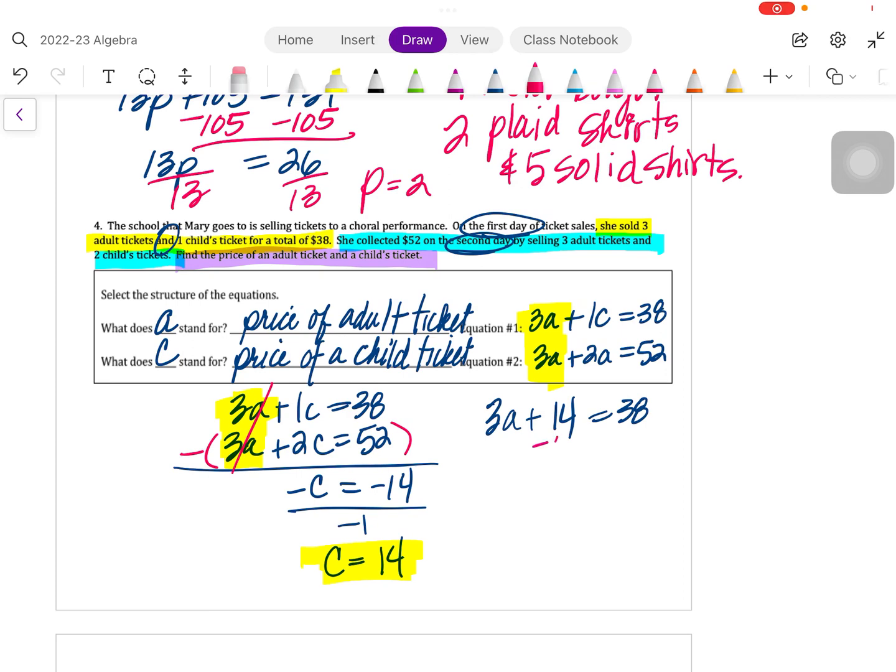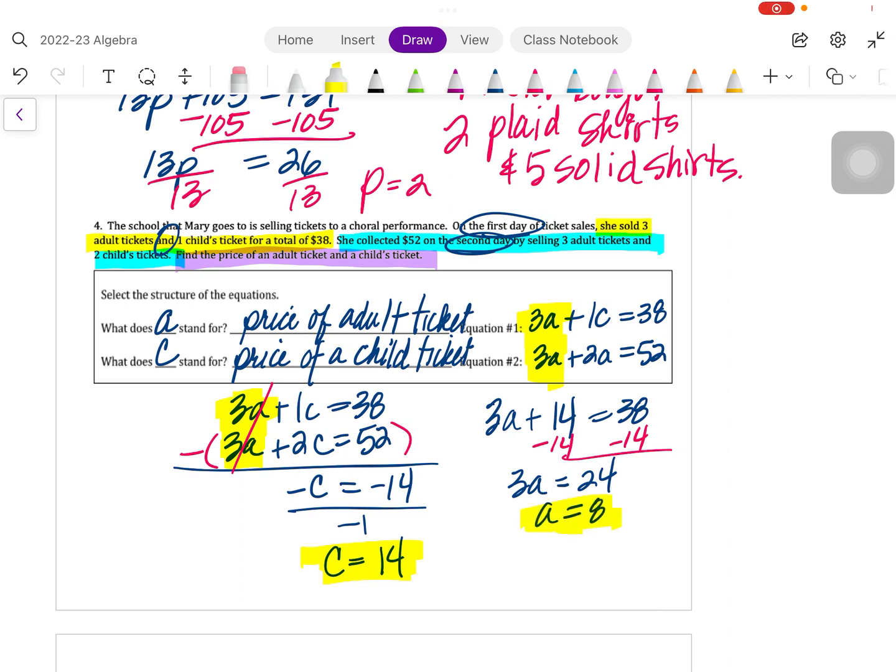To solve this equation, I'm going to subtract 14 from both sides. So 3A is equal to 24, which means A, 3 times 8 is 24. So A is equal to 8.